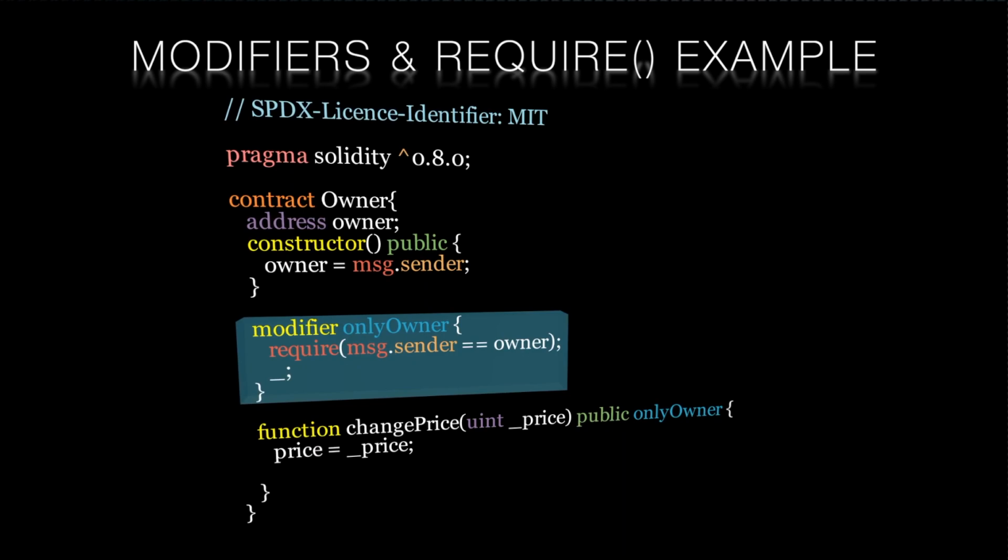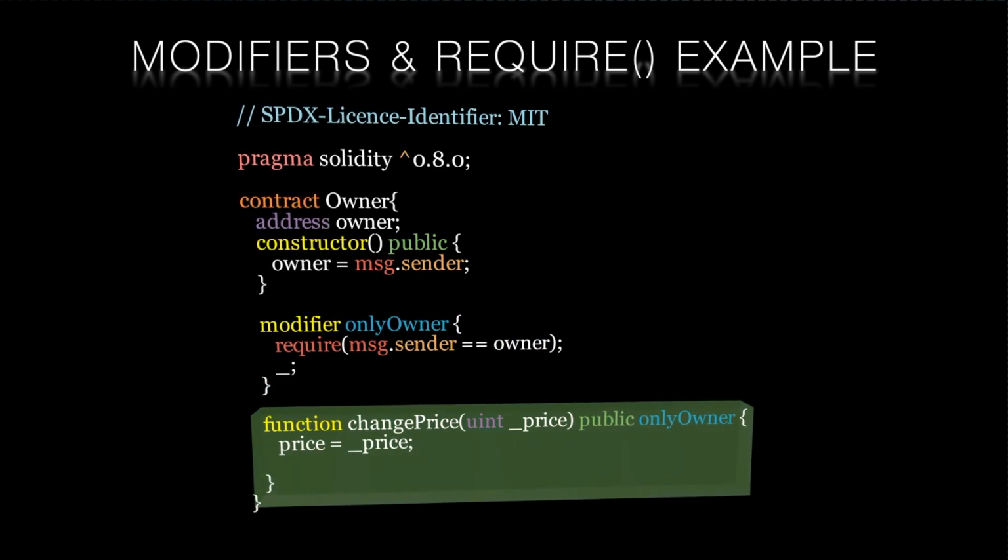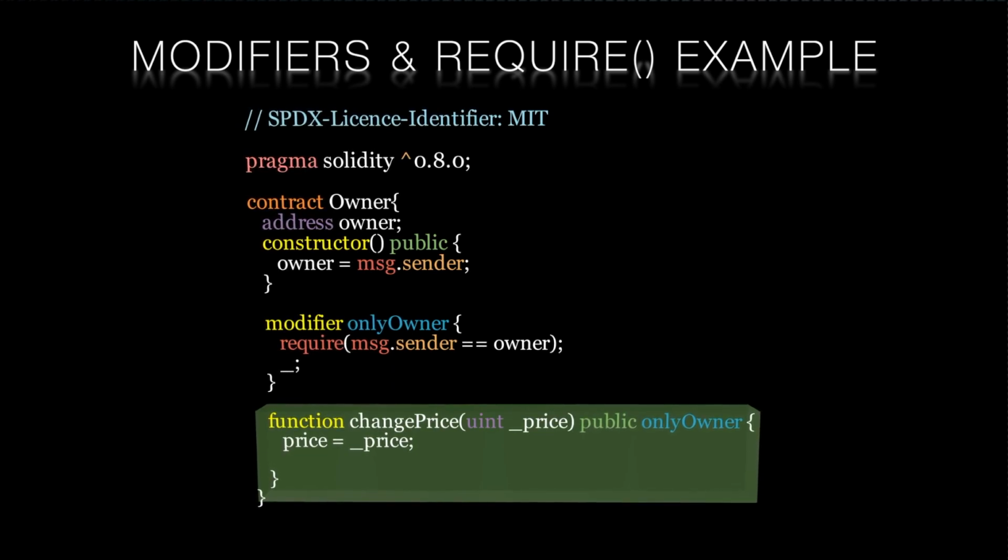This simply and clearly states that any function using this modifier has to be invoked by the contract owner and only the contract owner. Finally, this contract has a function called change price. This change price function is decorated with the onlyOwner modifier. This means that if anyone other than the owner calls this change price function, it will terminate with an exception.